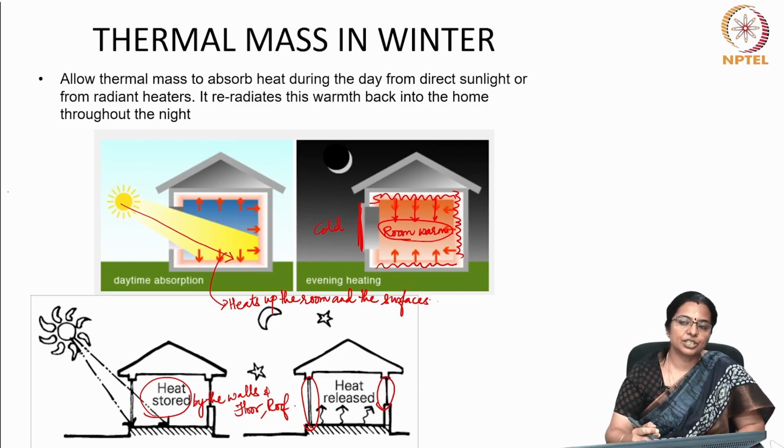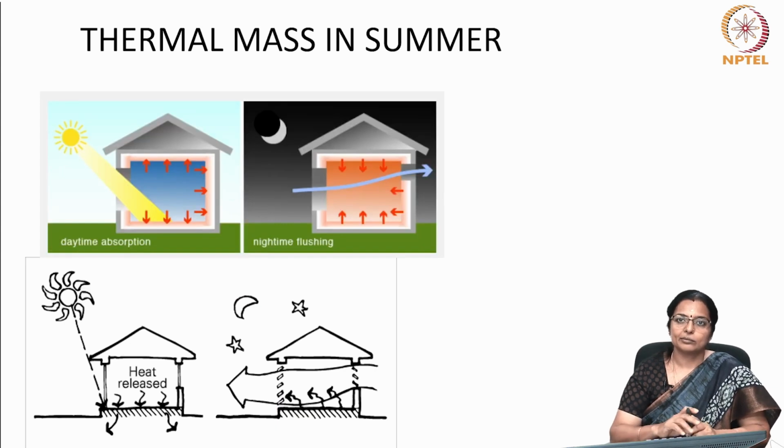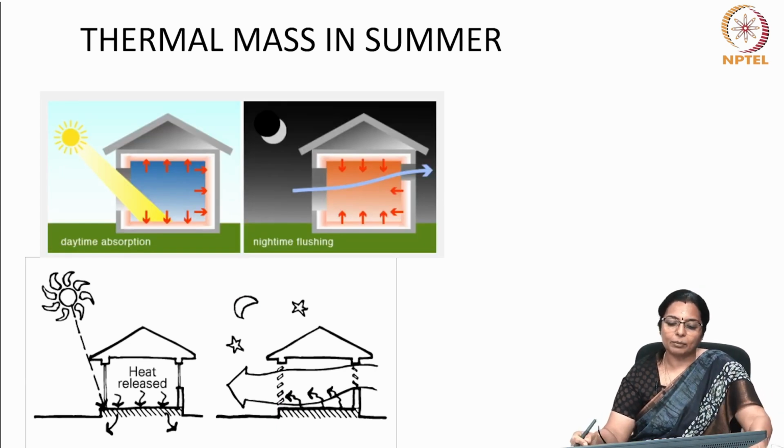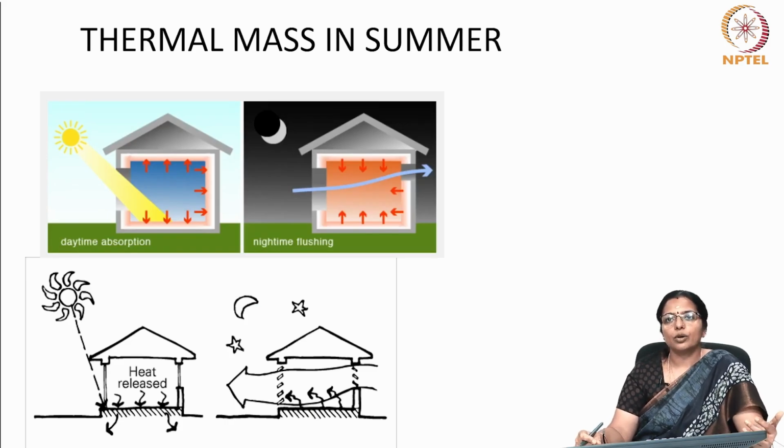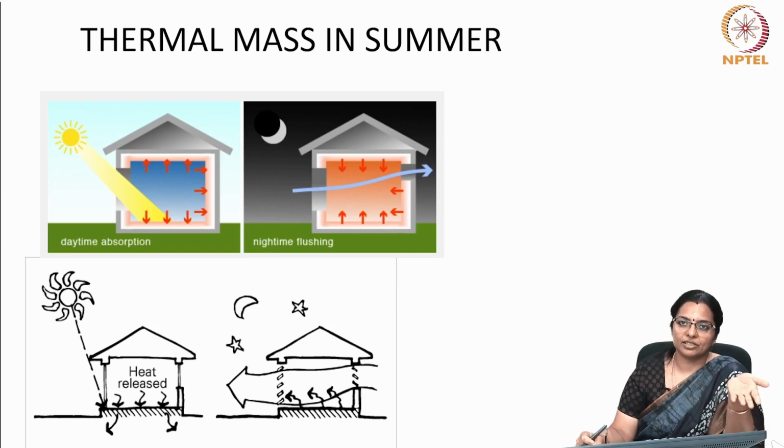Now, how does it function in summer? In summertime, you allow the cool night breeze or the convection currents to pass over the thermal mass. This draws out all the stored energy.